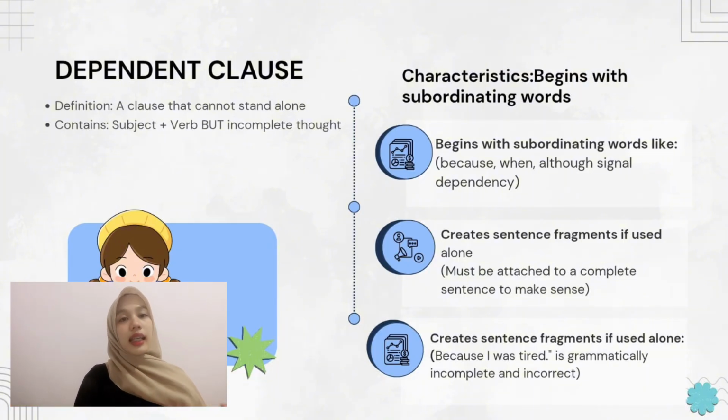And the second is it must be attached to a complete sentence to make sense. The third is it creates sentence fragments if used alone. For example: Because I was tired. The sentence is grammatically incomplete and incorrect.